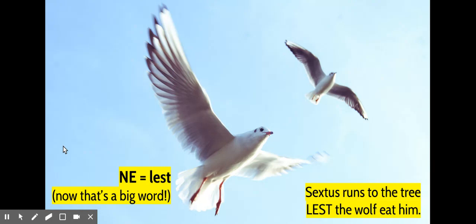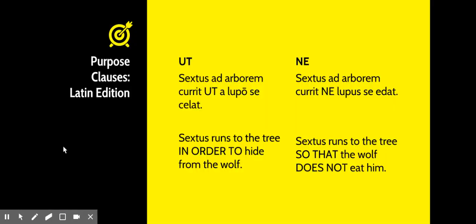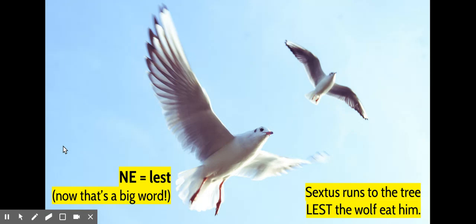Sextus runs to the tree lest the wolf eat him. That seems like a lot easier to say than Sextus runs to the tree so that the wolf does not eat him. It becomes much more wordy. So if you can employ lest, you probably should. That said, always be mindful of the fact that lest has a negative connotation to it.